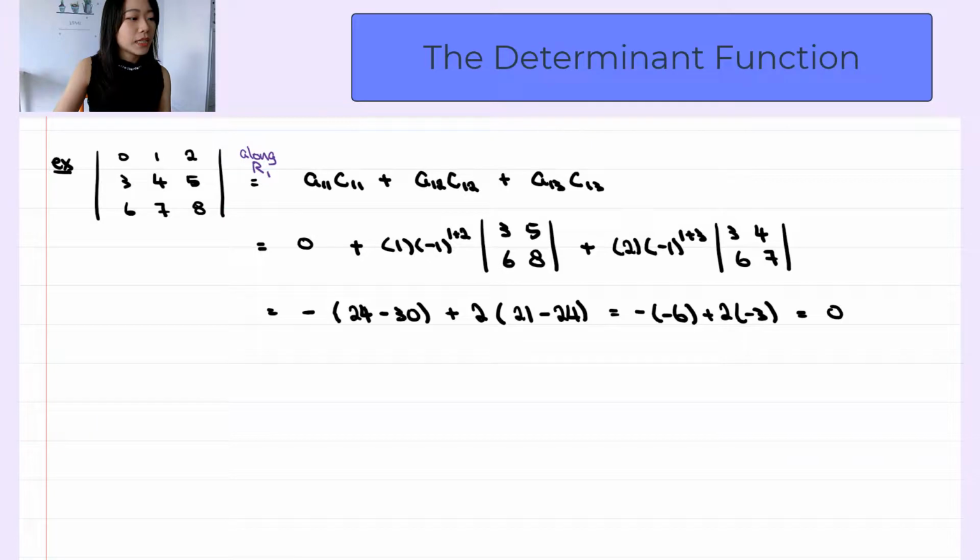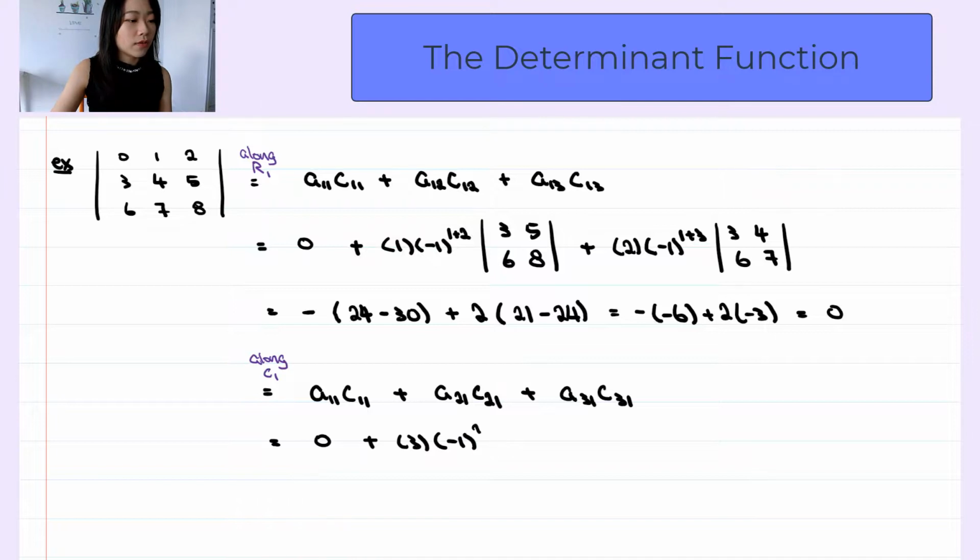Now let's compute the same determinant along column 1. So it will be A11 times C11 plus the second entry of the first column, that is A21 times C21, plus the last entry along the first column, A31 times C31, which equals A11 is 0, so the first term is still 0, then plus A21 is 3, and C21 is negative 1 to the power of 2 plus 1 times the determinant of the minor matrix after we delete the second row and the first column.